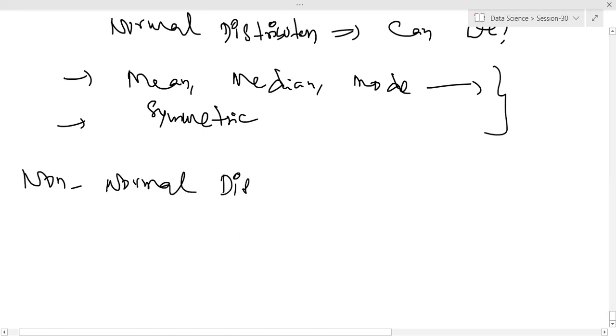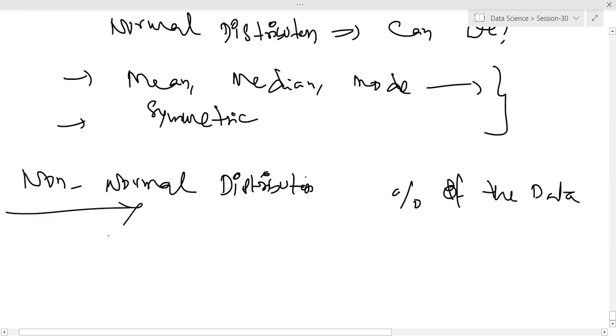Then how do I compute the percentage of the data? I am happy with the normal distribution because it has opened one more avenue to understand the spread of the data, which is not that easy.